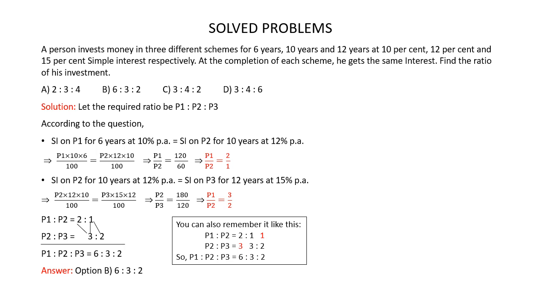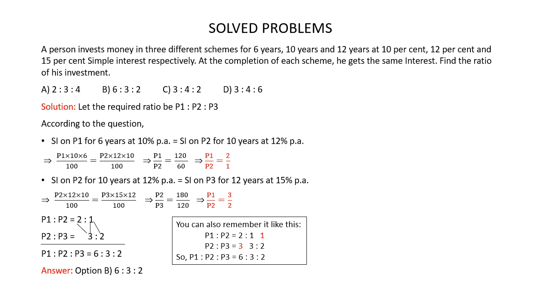So now the ratio of his investment would be P1 is to P2 is to P3. Now, according to the question, simple interest on P1 for 6 years at 10% per annum is equal to simple interest on P2 for 10 years at 12% per annum.